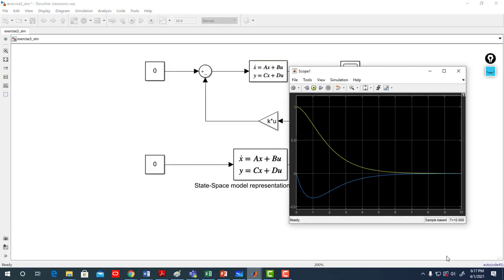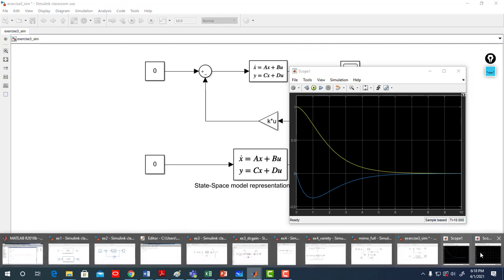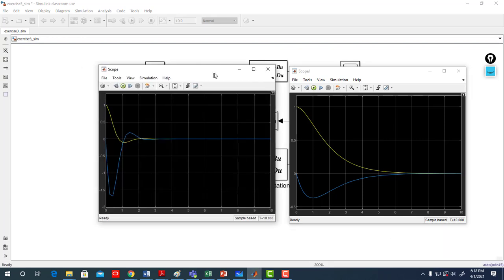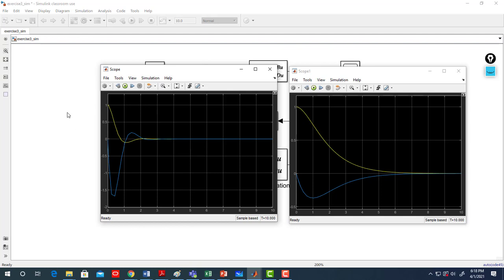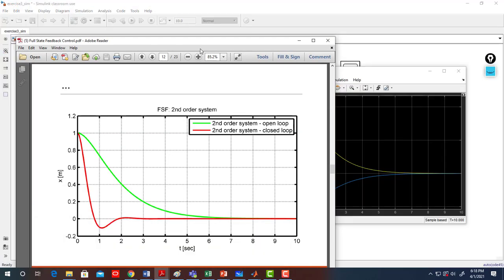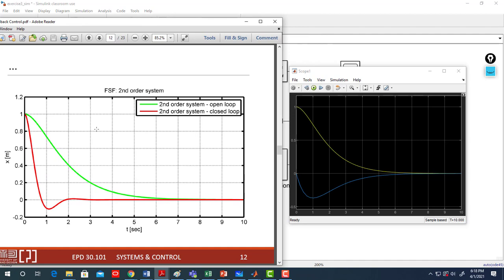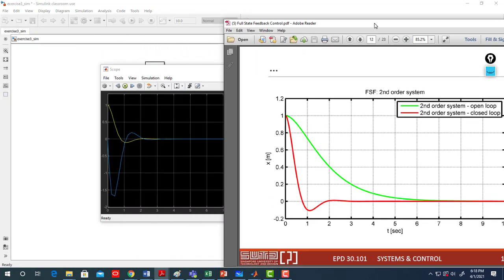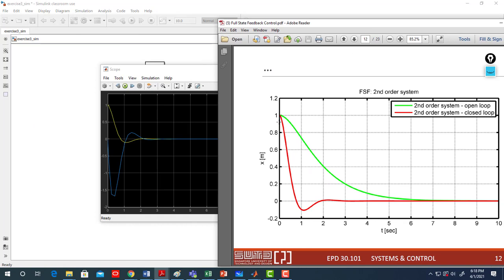Let's put them together and see the yellow one here and there, and you see it is actually the same as what you have in your PDF. Okay, so you see here is the open loop, the green one, and here is the closed loop, which is the red one here.